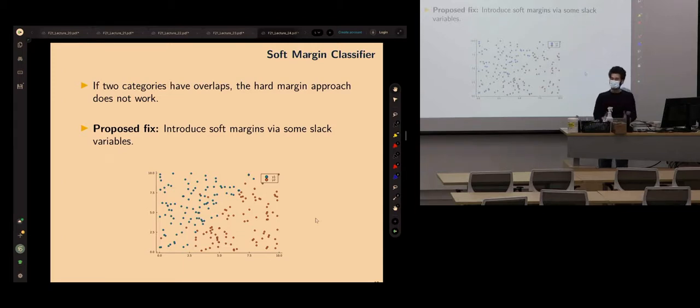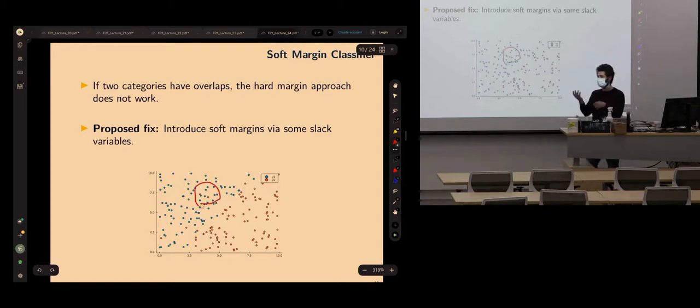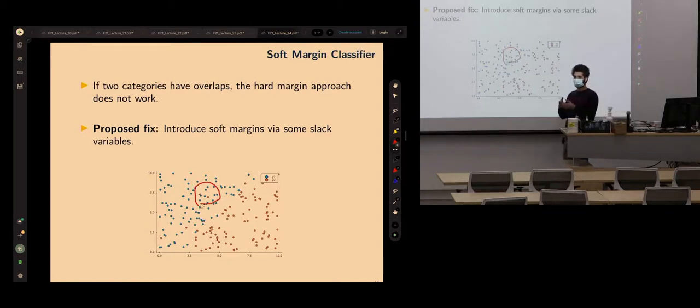Now, the truth is, in reality, you're going to have some overlaps. At the boundaries, these data points will be blended, right? There's no sharp, usually, boundary. Depending how noisy your observations are, it can be very severe, right?